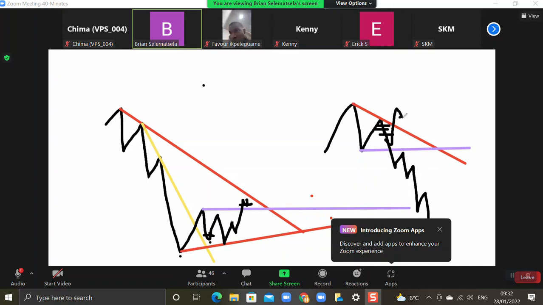Whereas if it comes for the second time and it breaks, that's when we conclude that as a footprint line. So when you know that the footprint line gets broken from there, you definitely know that it is a legit footprint.